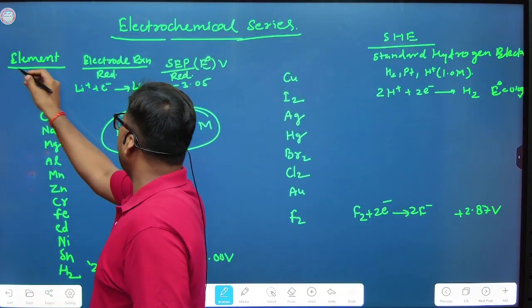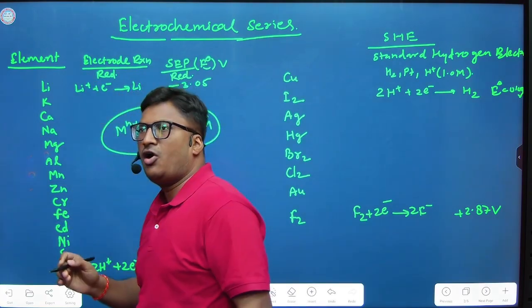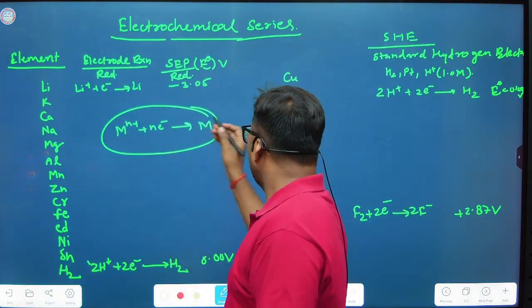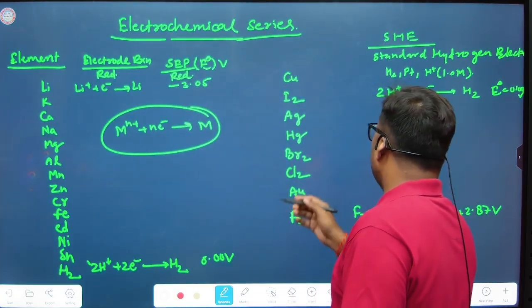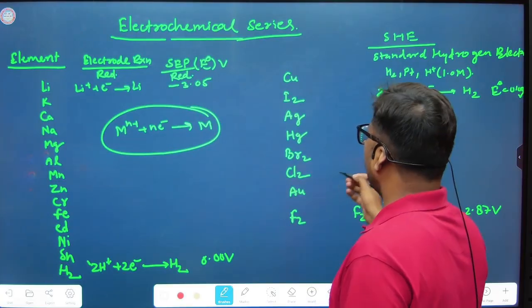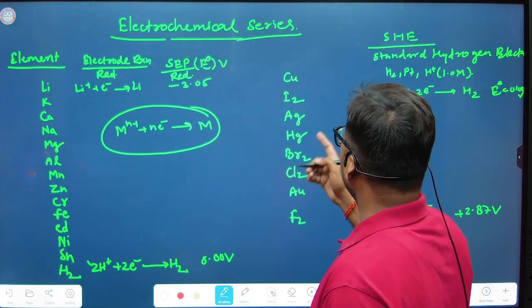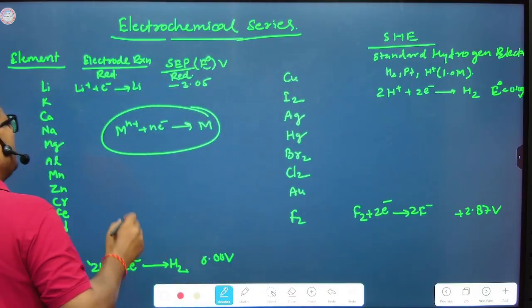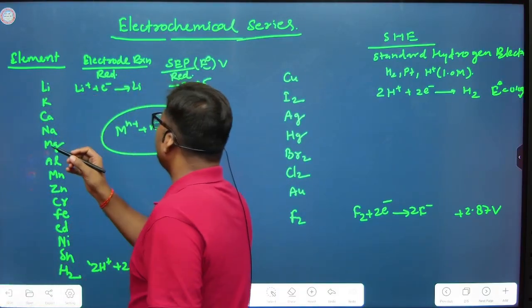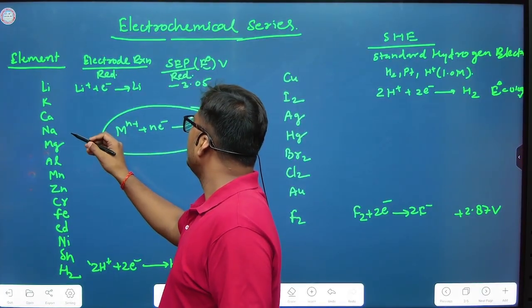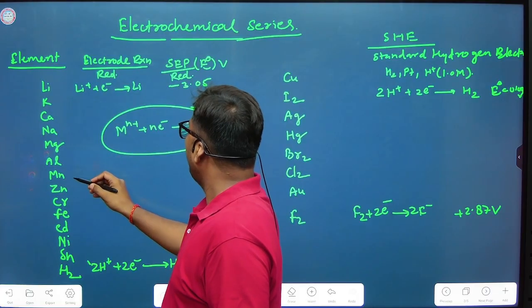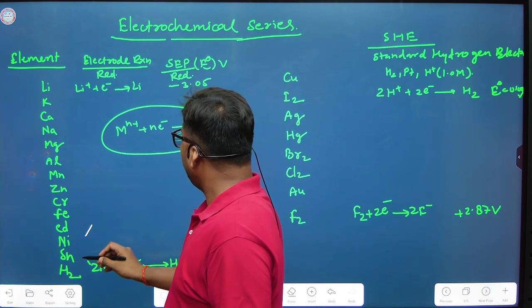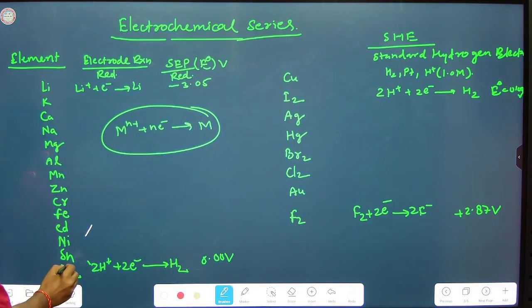Lithium, so this is an element, may be either metal, non-metal, or acidic or basic half cell reactions, right? So here some elements, metals, non-metals, and corresponding standard reduction potentials have been shown to understand the chemistry of the electrochemical series. So lithium, potassium, calcium, sodium, magnesium, aluminium, manganese, zinc, chromium, iron, cadmium, nickel, tin, and hydrogen, right? So this is hydrogen.